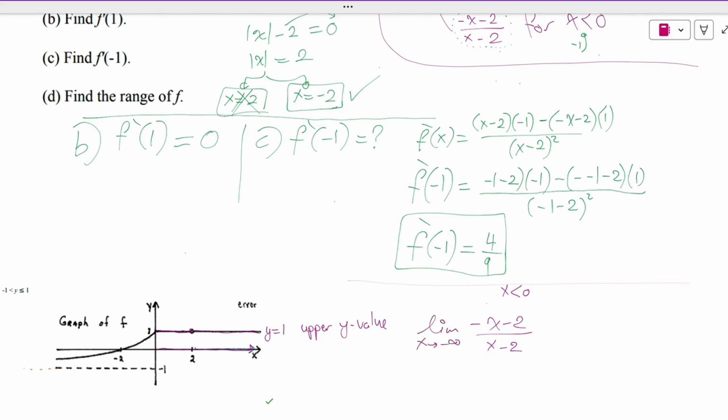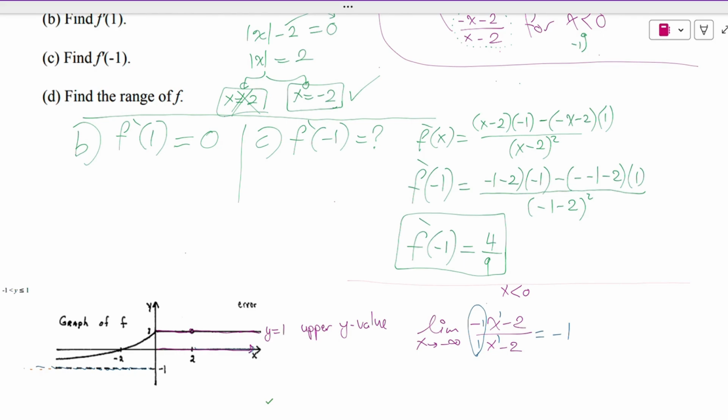We will be looking at the ratio of the leading coefficients because they have the same degree. The degree here is 1. So we look at the ratio of the leading coefficients, negative 1 over 1, which is negative 1. So we have a horizontal asymptote at negative 1.